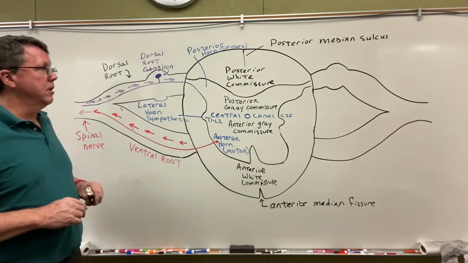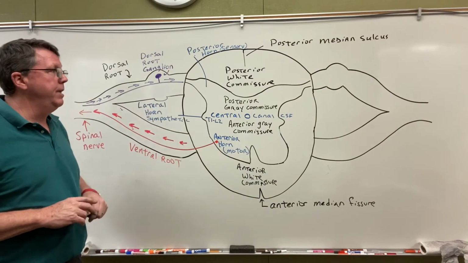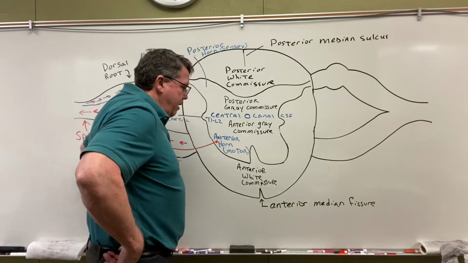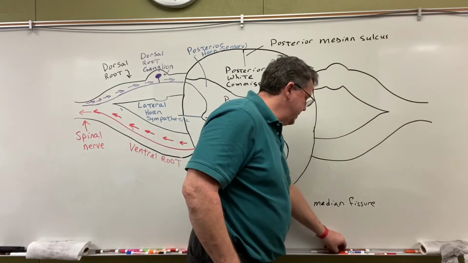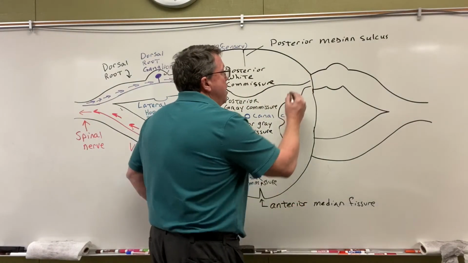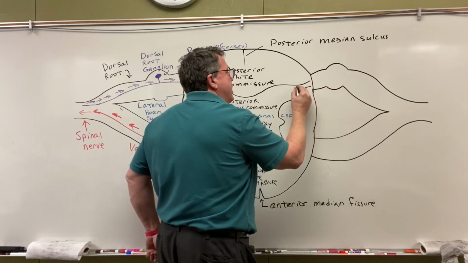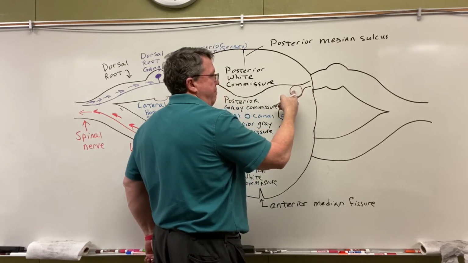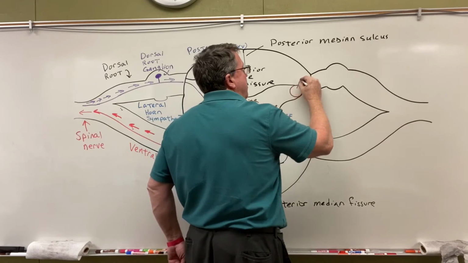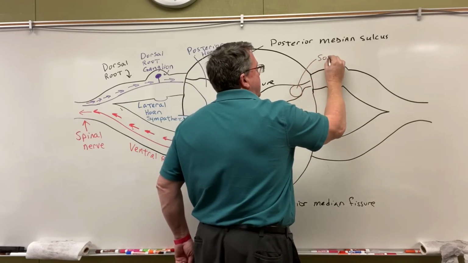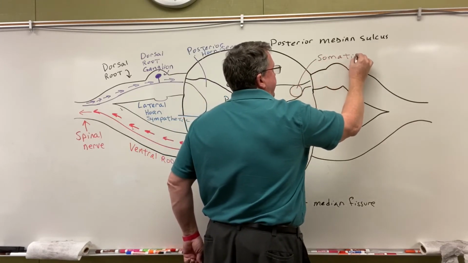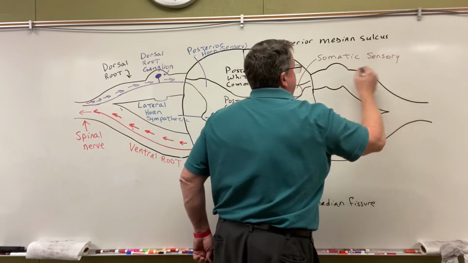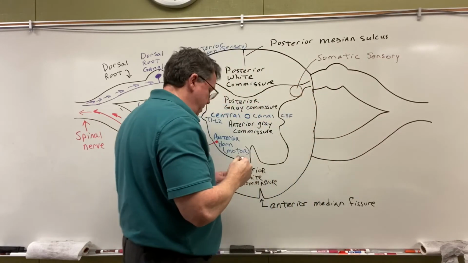So let's take a look now. I have my sensory coming in, right? Let's say I have signals that are coming in from the skin. They're going to come right into this area about right here. This is called my somatic sensory. So you feel a bug on your skin or something like that, it's going to come right about here.